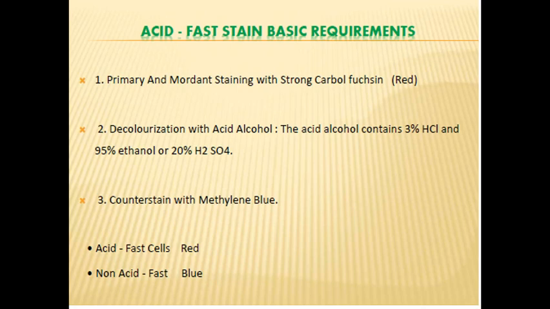And third, we require the counterstain, methylene blue. Methylene blue is a secondary stain, and after completion of the procedure, acid fast bacteria appear red, and if the bacterial culture is not acid fast, it appears blue.